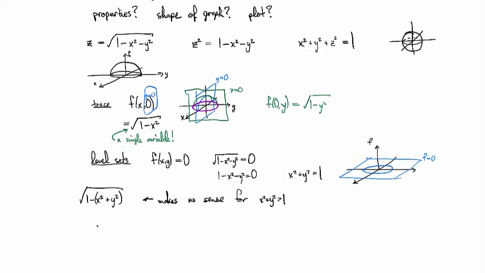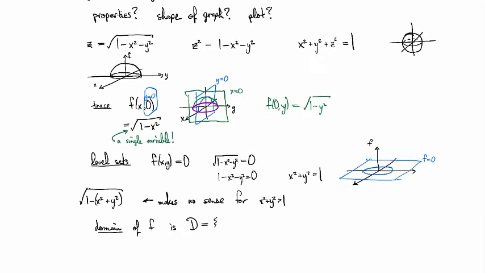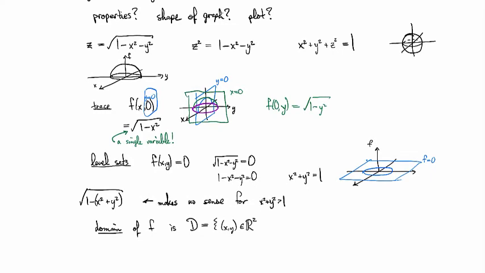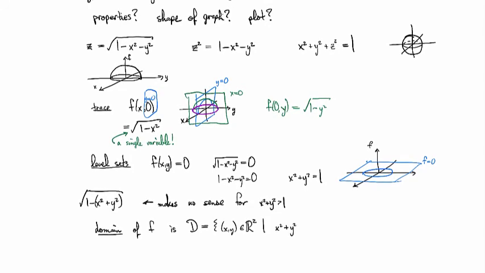What is the domain? Well, the domain of this f, this is the set where the function is defined or where it makes sense. So it's a subset of values that are inputted into the function. And we need it to be the case that x squared plus y squared is bounded by 1, or it won't make sense.